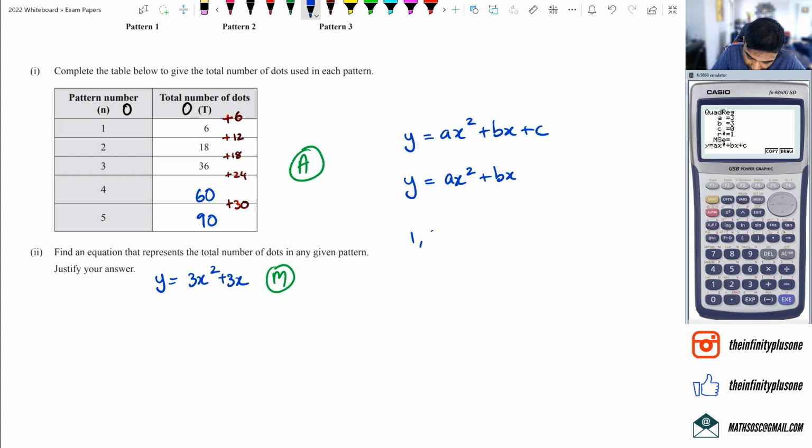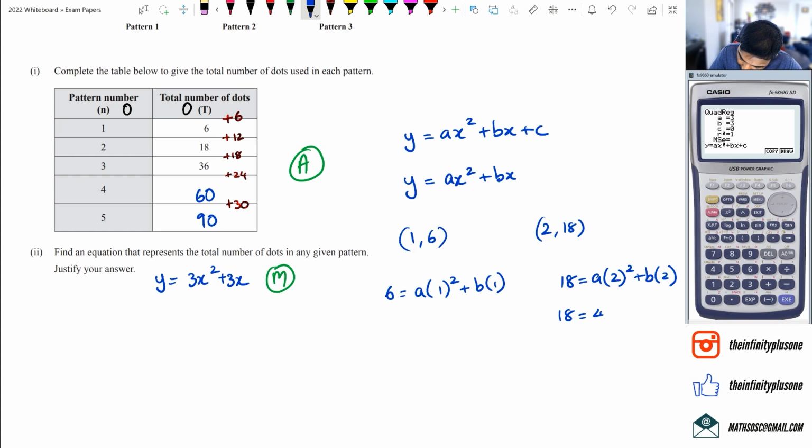We've got (1, 6) and (2, 18). So 6 equals a times 1 squared plus b times 1, and 18 equals a times 2 squared plus b times 2. So here I've got 18 equals 4a plus 2b, and here I've got 6 equals a plus b.